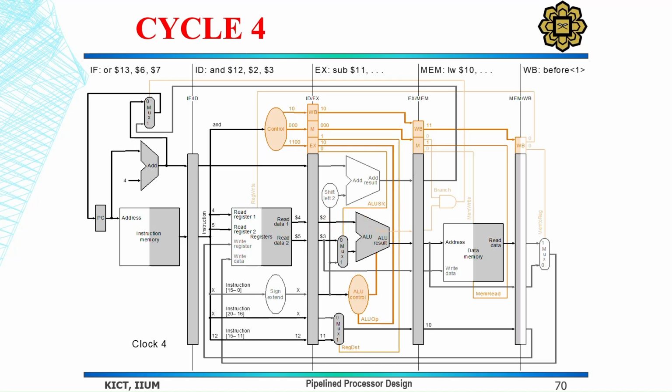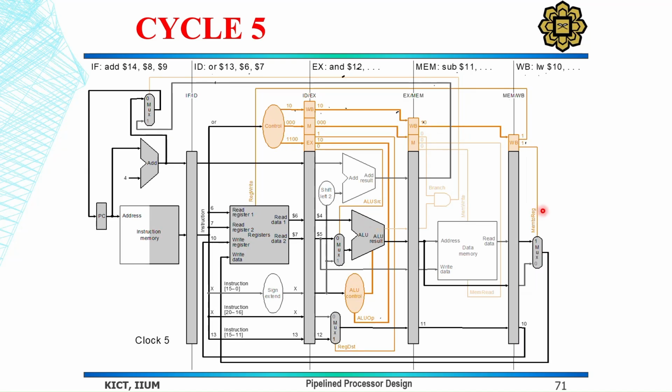Then in the next, fifth cycle, the first instruction, which is the load word, reaches the last stage. The subtraction instruction is here, the AND is here, the OR instruction is here, and the fifth instruction, add one, is at the first stage.